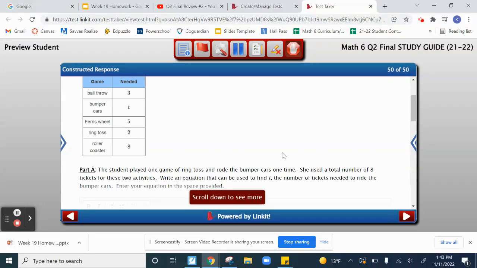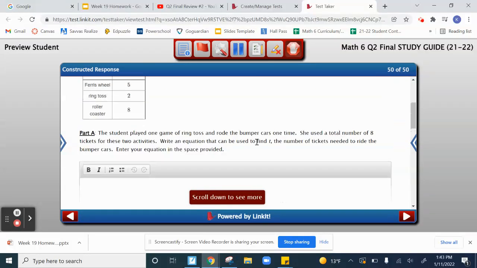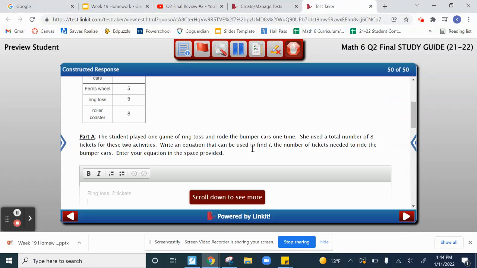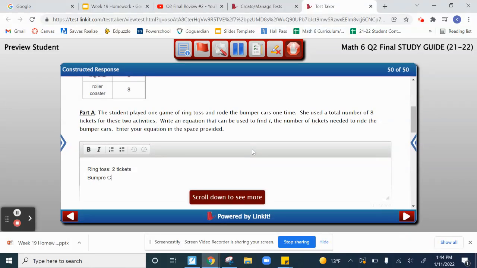Okay, so we played ring toss, which is 2 tickets. And we played bumper cars, which is T. And then we spent a total of 8 tickets.